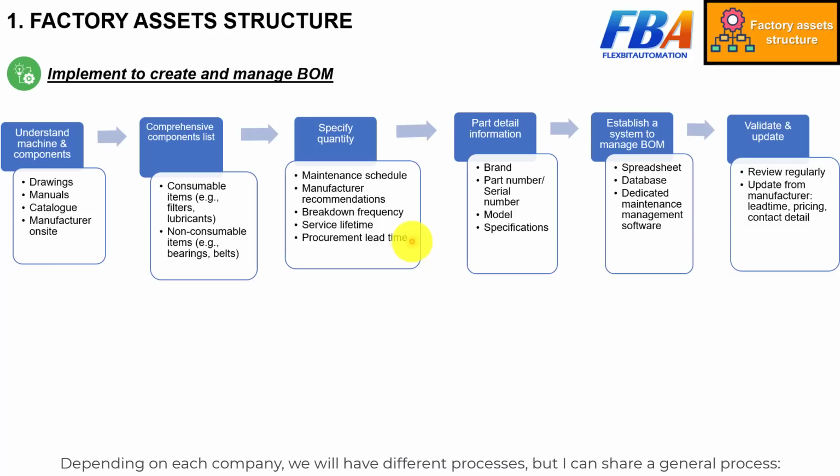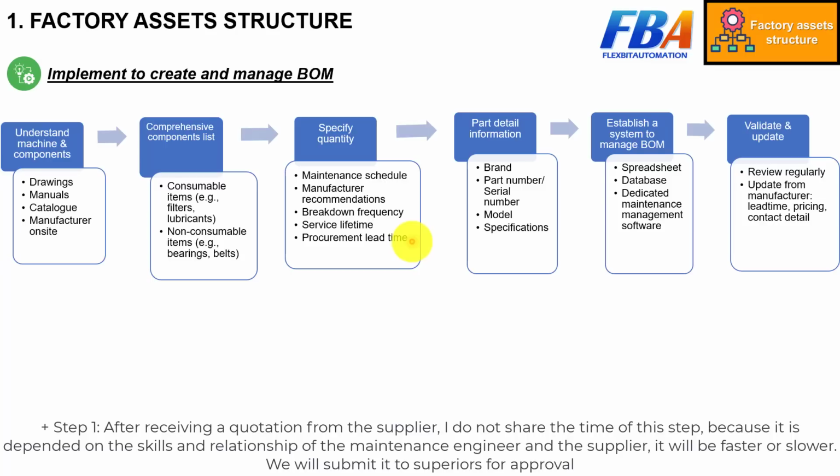We will have different processes, but I can share a general process. Step 1, after receiving a quotation from the supplier, we do not share the time of this step, because it depends on the skill and relationship of the maintenance engineer and the supplier, it will be faster or slower.